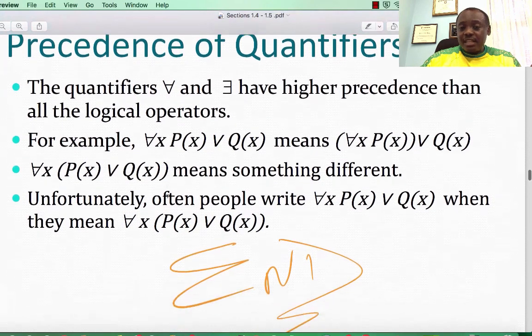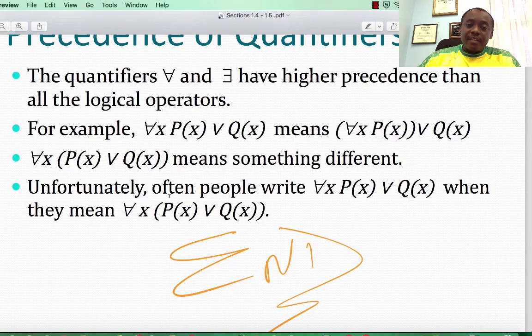Now, you may see in some writings that people often write for every x, p of x or q of x to actually mean for every x, parentheses, p of x or q of x. But you shouldn't follow that example because technically that is not correct. For every and there exists have higher precedence over all logical operators. And if you do this, it's going to be seen as for every x, p of x. Then I put the result together with q of x.